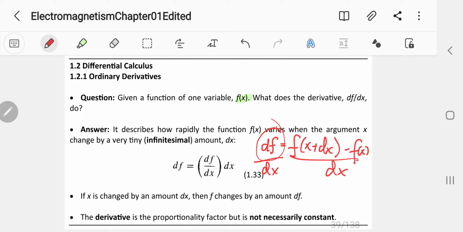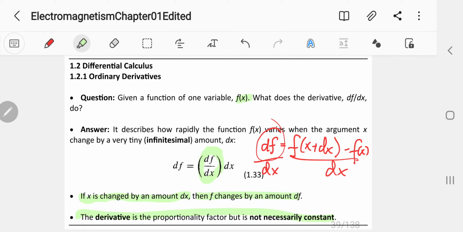So in this case, if x is changed by an amount dx, then f changes by an amount df. So this is just the proportionality constant between the two.